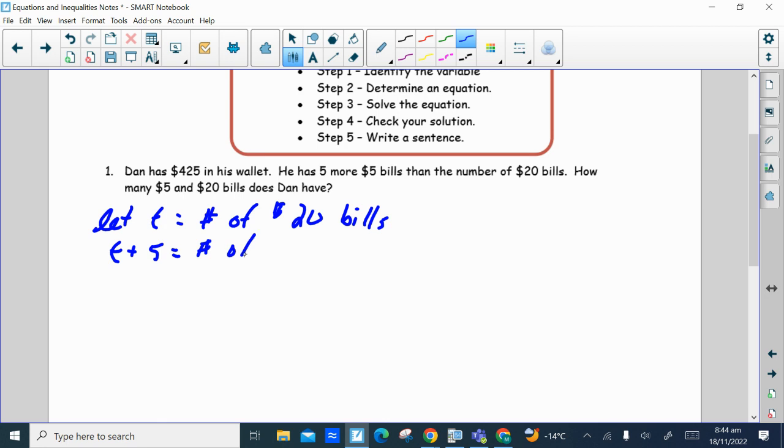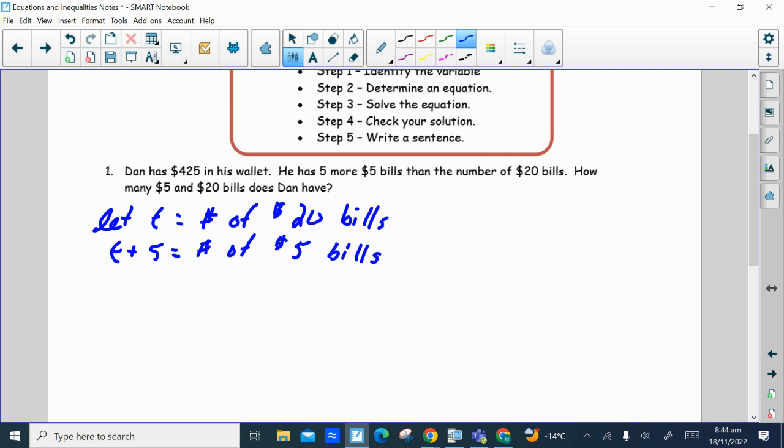So T plus 5 will be the number of $5 bills. So this is setting up the variable part.